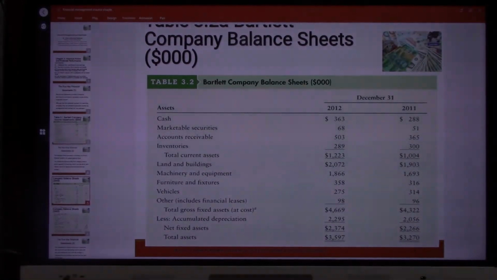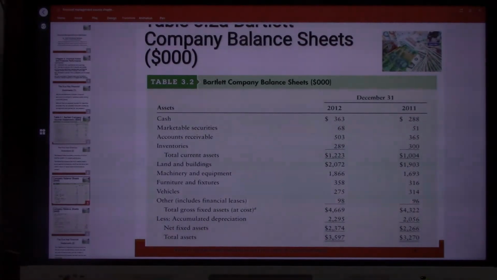Total current assets include cash, marketable securities, accounts receivable, and inventory. Net fixed assets consist of our total fixed assets minus the accumulated depreciation. This will give us net fixed assets. The sum of total current assets and net fixed assets will equal total assets.